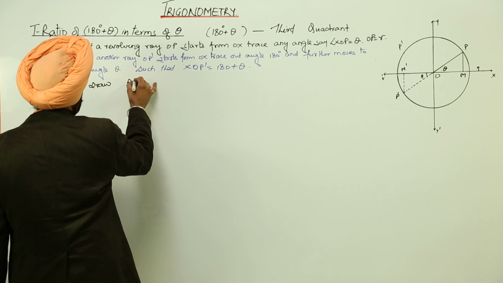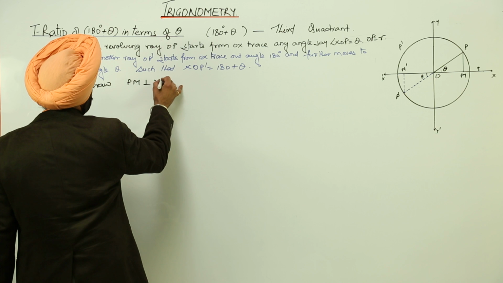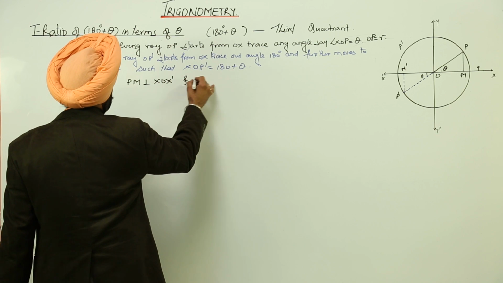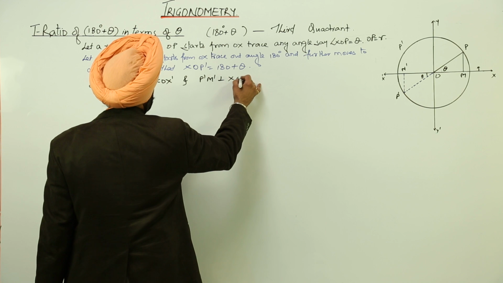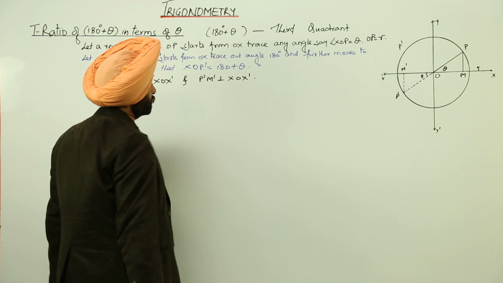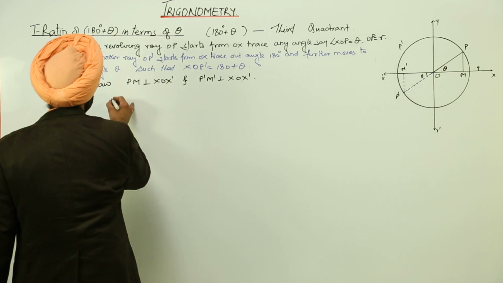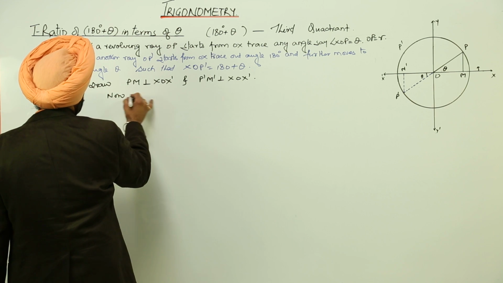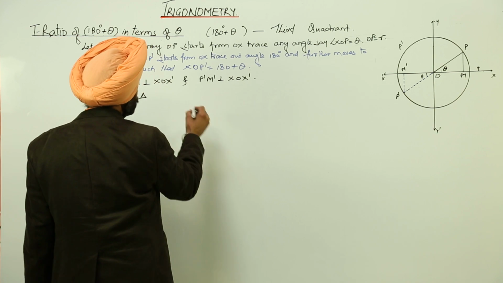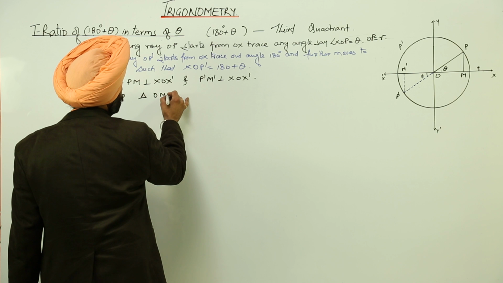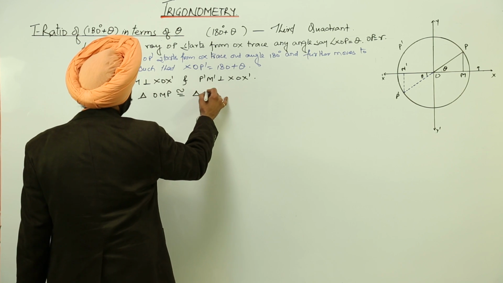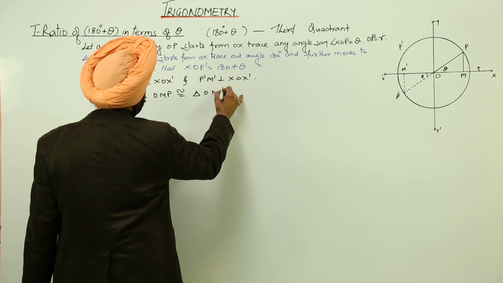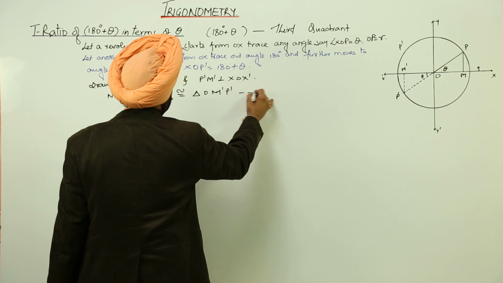Draw PM perpendicular to XOX dash and P dash M dash perpendicular to XOX dash. Triangle OMP is congruent to triangle OM dash P dash.